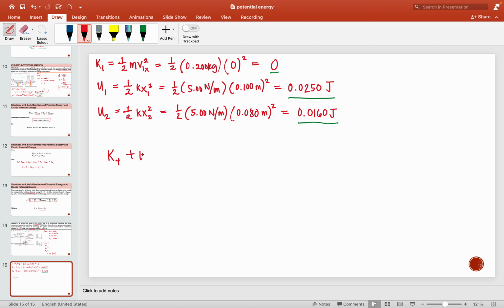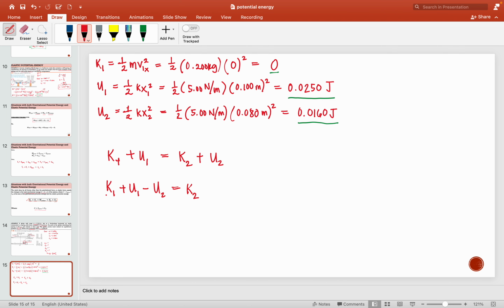Since we are solving for K sub 2, or the final kinetic energy, we need to transpose the final potential energy to the left side of the equation. So, we have K sub 1 plus U sub 1 minus U sub 2 is equal to K sub 2.